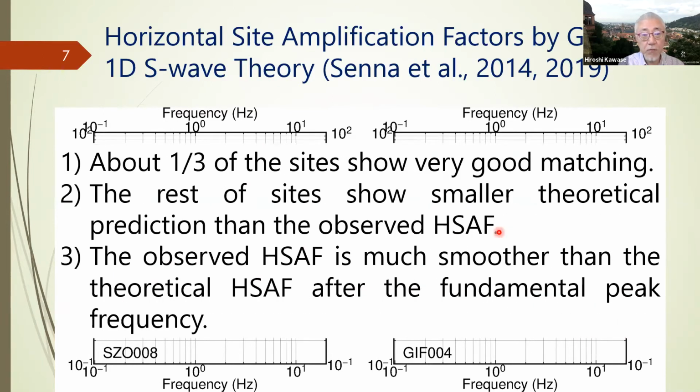So we found that the observed horizontal site amplification factor is much smoother than the vertical site amplification factor after the fundamental peak frequency, and there is an underestimation of the theory in the frequency range higher than the first fundamental peak.